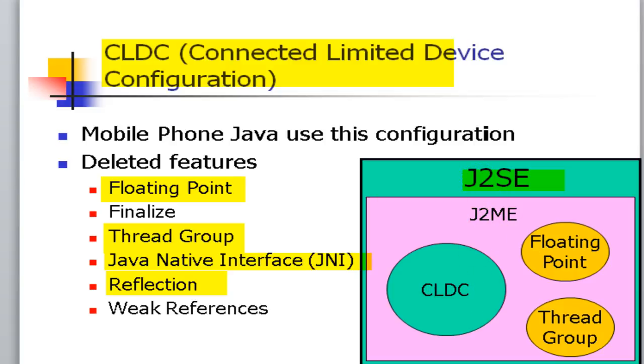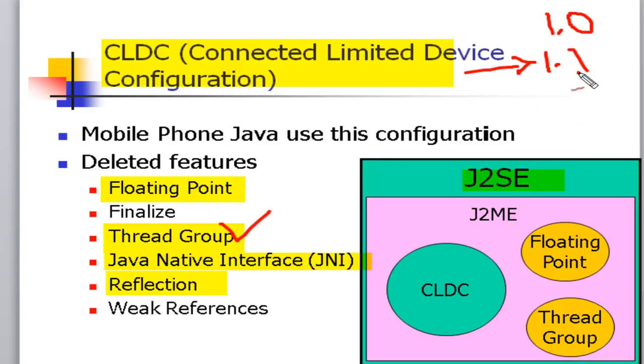But later on we got CLDC 1.1. CLDC 1.1 has a lot more features than CLDC 1.0, like floating point operations, error handling, and thread objects.